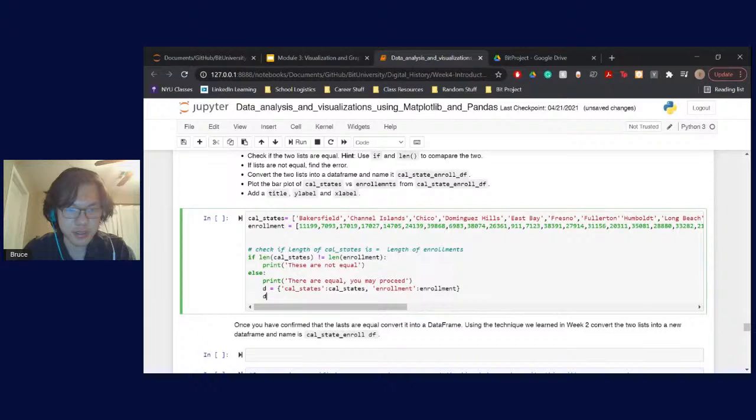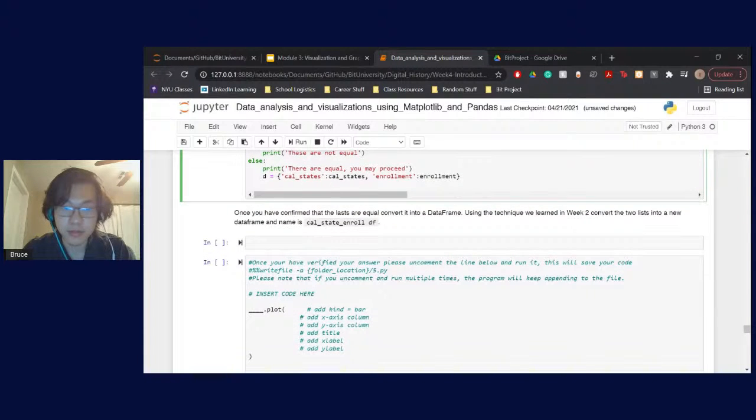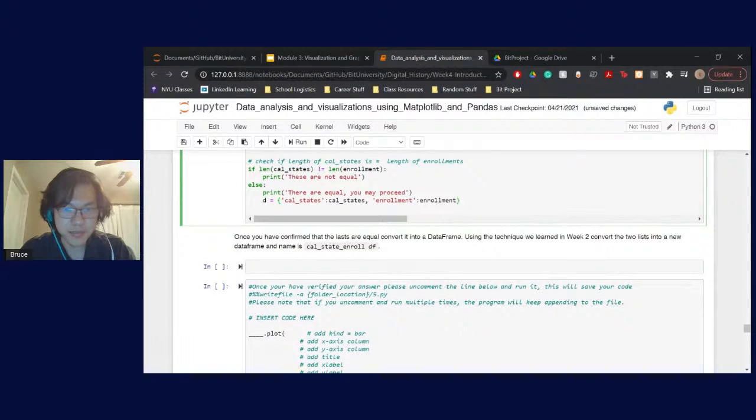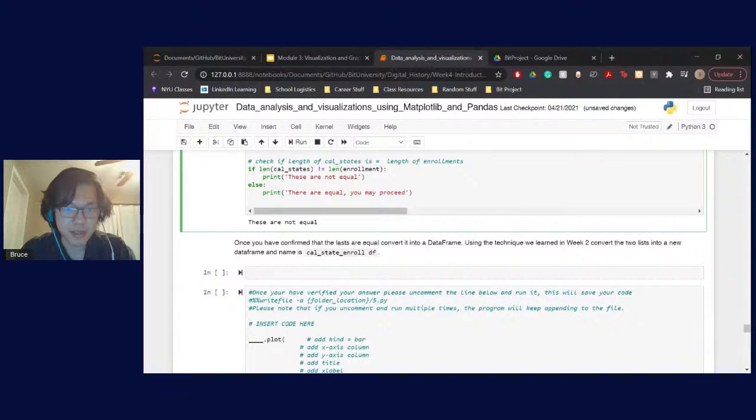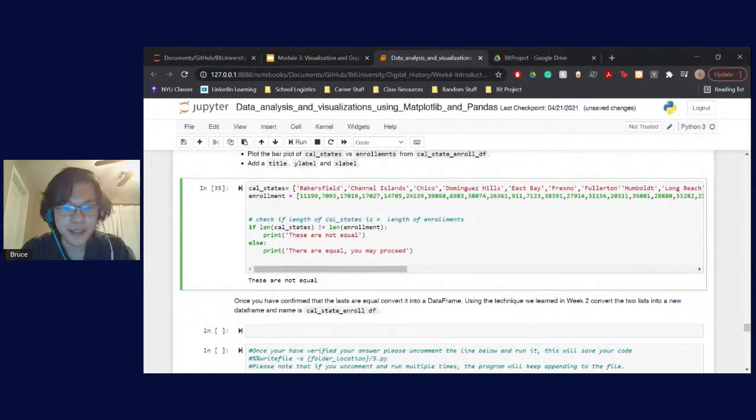df is equal to, I don't want to call it df. Okay, I guess I want us to convert to a data frame there. Anyway, these two should be equal. They are not equal. If the length of California states is not equal to the length of enrollment.